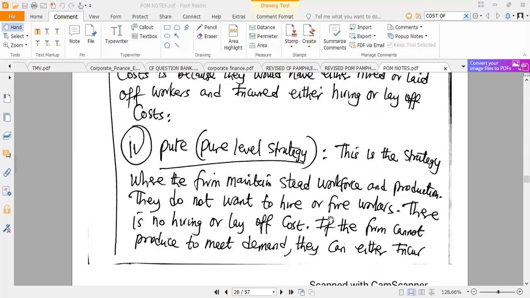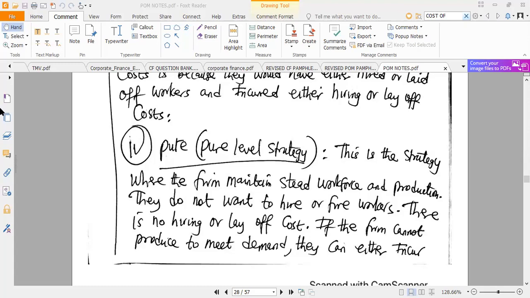Okay. So we are getting to the other strategy, which is called the pure level strategy. Now, this is a strategy where the firm maintains a steady workforce and production.